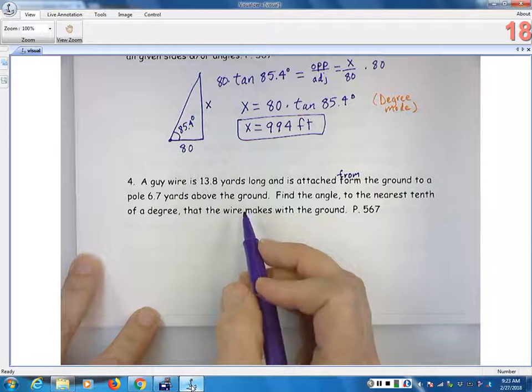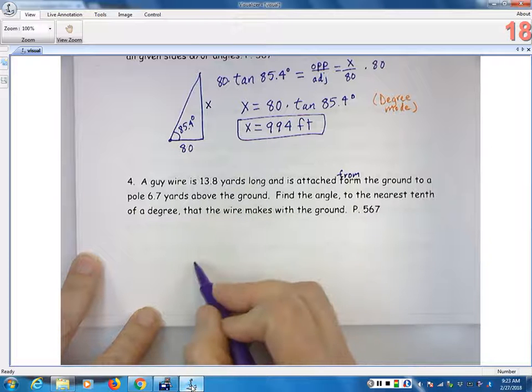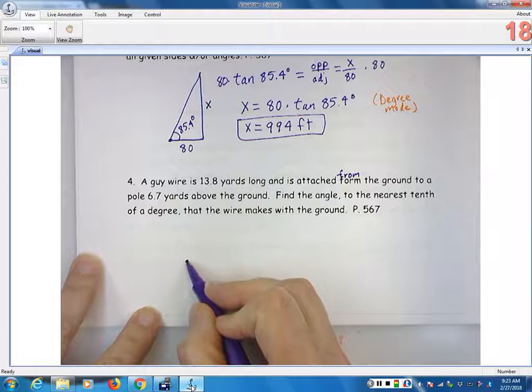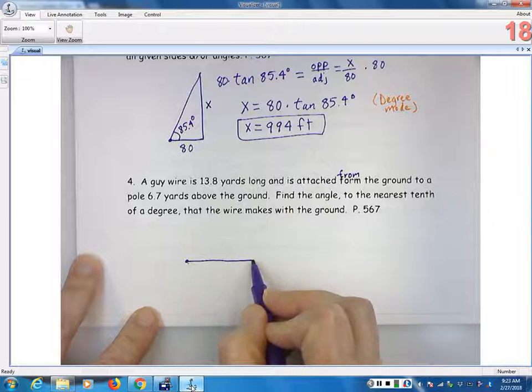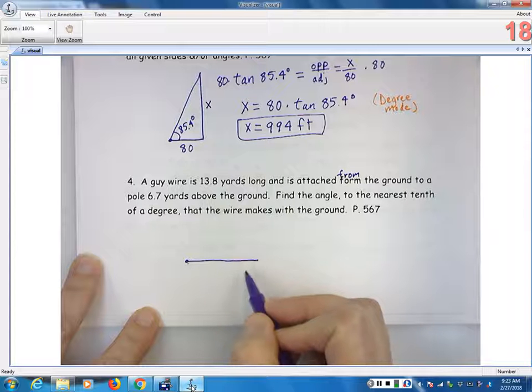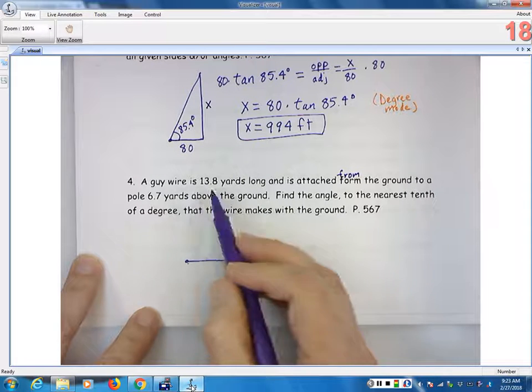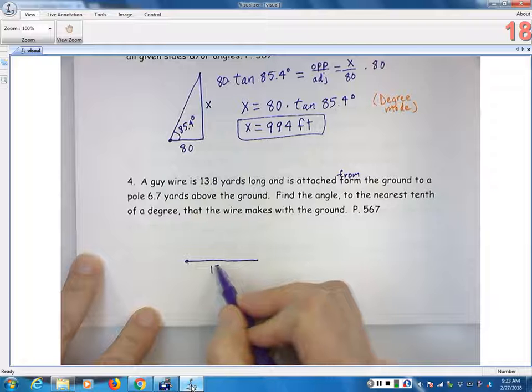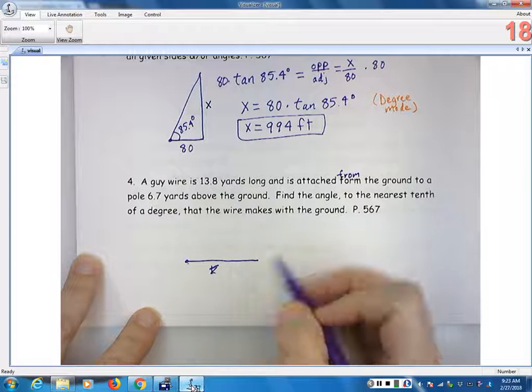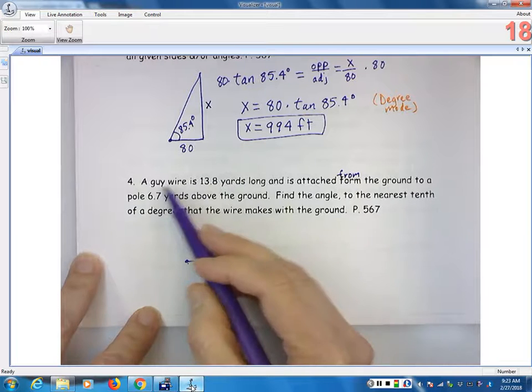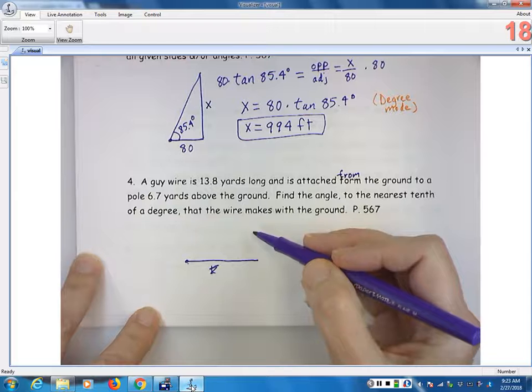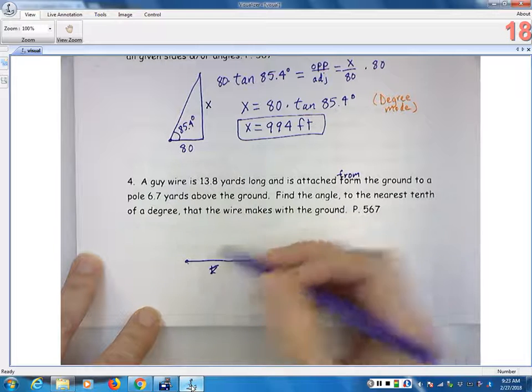So, a guy wire is 13... no, that's not the wire. A guy wire is a wire that goes between something else and the ground. That's a slant.